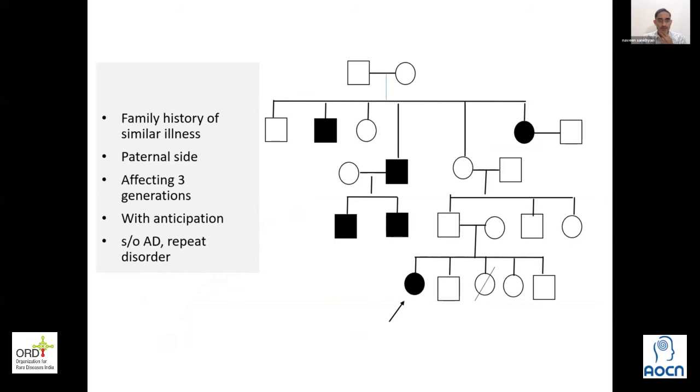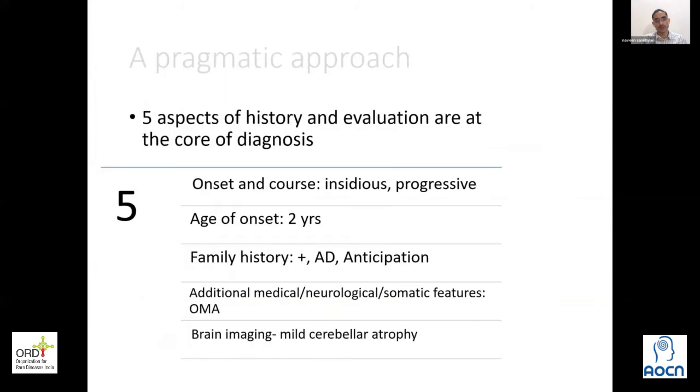So when we took the family history, she had on the paternal side a very strong family history which affected 3 generations, and in each generation the person getting affected was at a younger age. So it all indicated an autosomal dominant inheritance related to triple repeats.